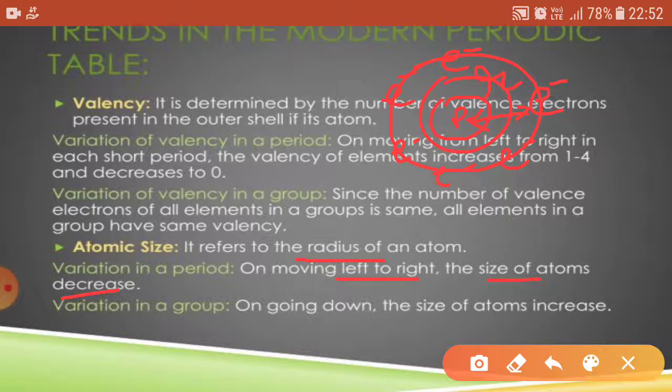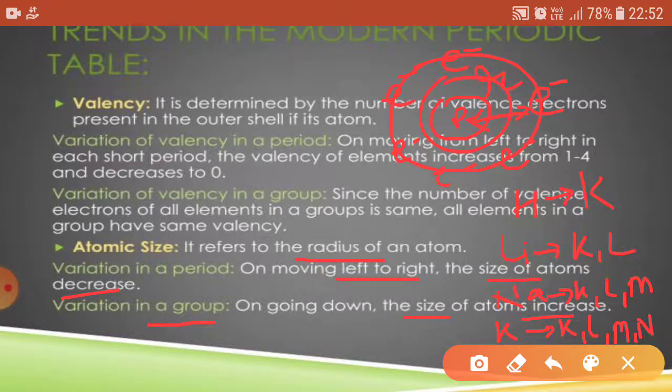Now the trend down the group. On moving from up to down, the size increases because the number of shells increases. For example, in hydrogen there is only one shell, that is K, in lithium there are two shells, K, L, in sodium there are three shells, KLM, and similarly in potassium there are four shells, KLMN.